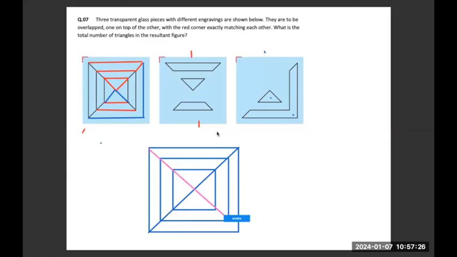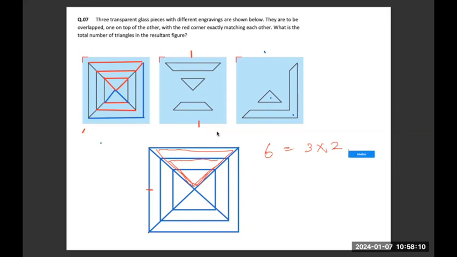So it will be 1, 2, and 3. So 3 and 3, so 6.